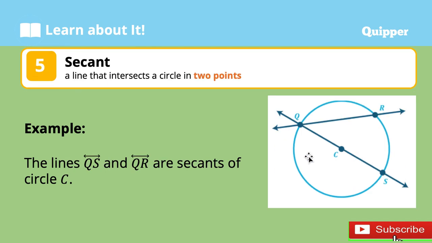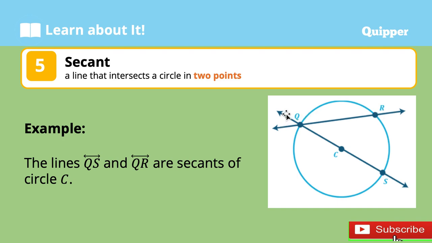Number 5, secant line. It is a line that intersects a circle in 2 points. We have 2 lines here. First, the line QS. Second, line QR.